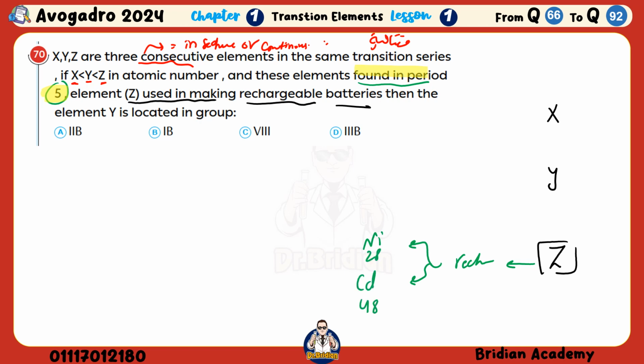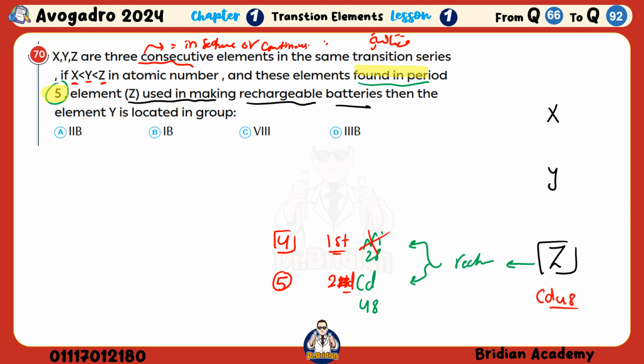Nickel 28 is in the first transition series, in period number 4, and cadmium is in the second transition series, in period number 5. So you will reject nickel because he mentions that Z is in period number 5. So Z will be cadmium 48.